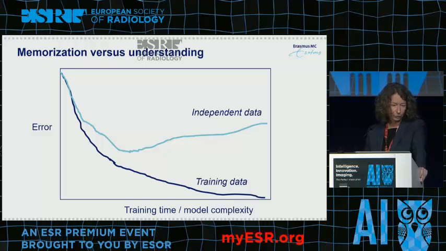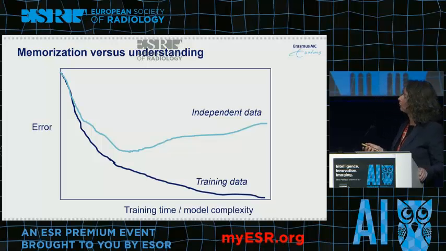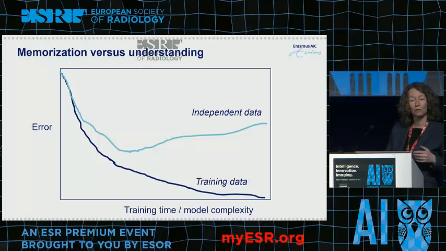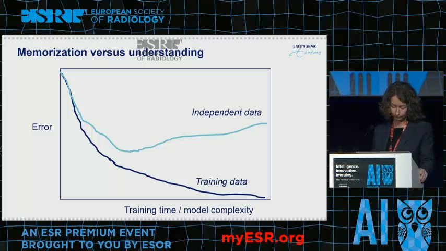So this is the typical behavior that you would see of a method during training. It can perform on the training data. The more complex you make the model or the longer you train it, the lower the error becomes. But if you look at the performance on independent data, it also goes down at first, but will then increase later on.